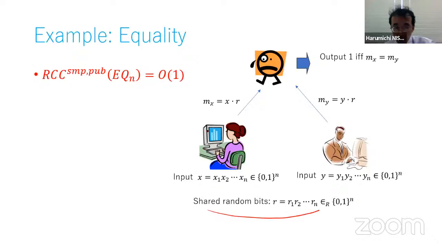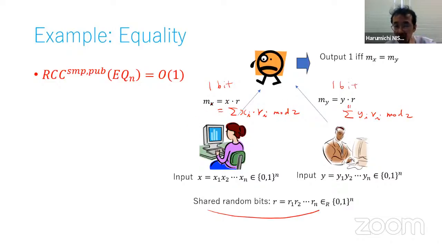This is the message for Alice. This means just X_i times R_i mod 2. Also, Bob sends Y_i times R_i mod 2. The referee checks whether this 1 bit is equal or not.